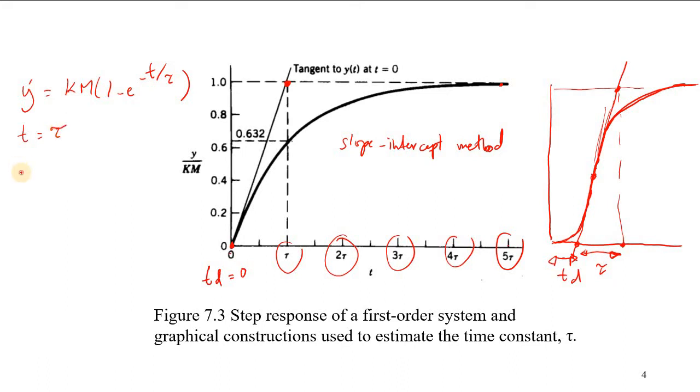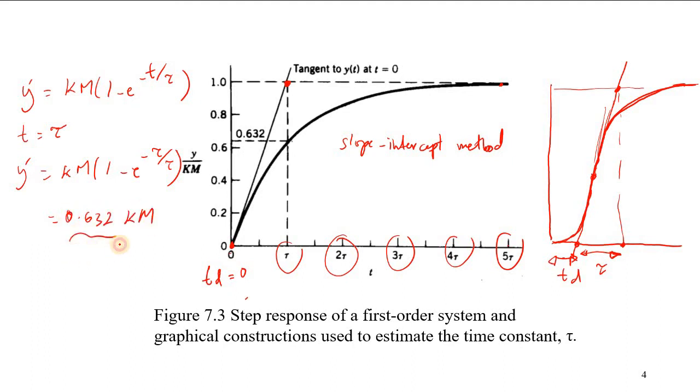But at 1 tau, if you substitute t, this will be Km into 1 minus e to the power minus tau over tau, that is e to the power minus 1. 1 minus e to the power minus 1 is 0.632 Km.